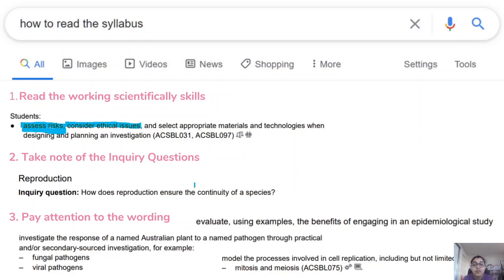Then take notes of inquiry questions. Inquiry questions are your key, because after you've finished a module, after you've finished learning everything under an inquiry question, you should be able to go back and answer the whole inquiry question. So this is, how does reproduction ensure the continuity of a species?